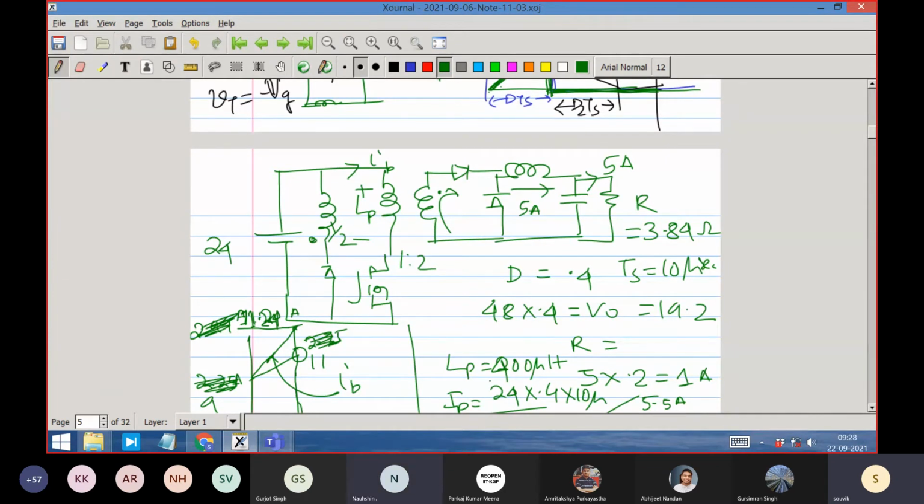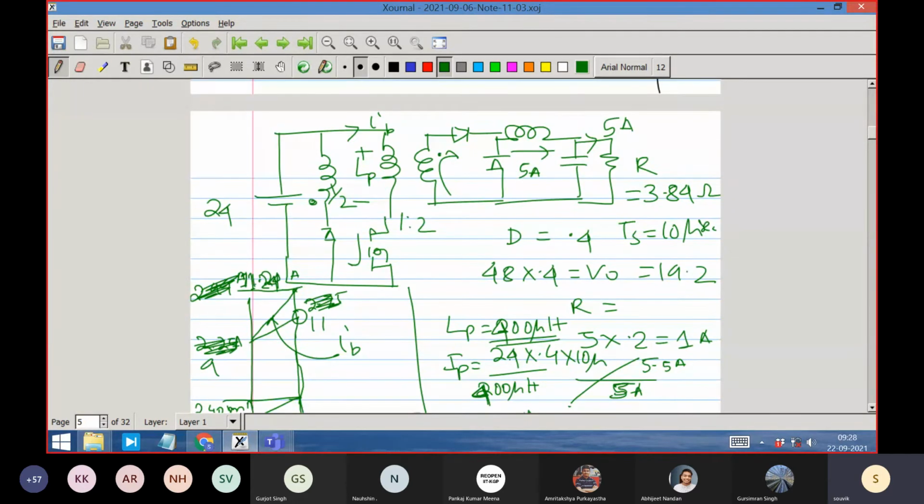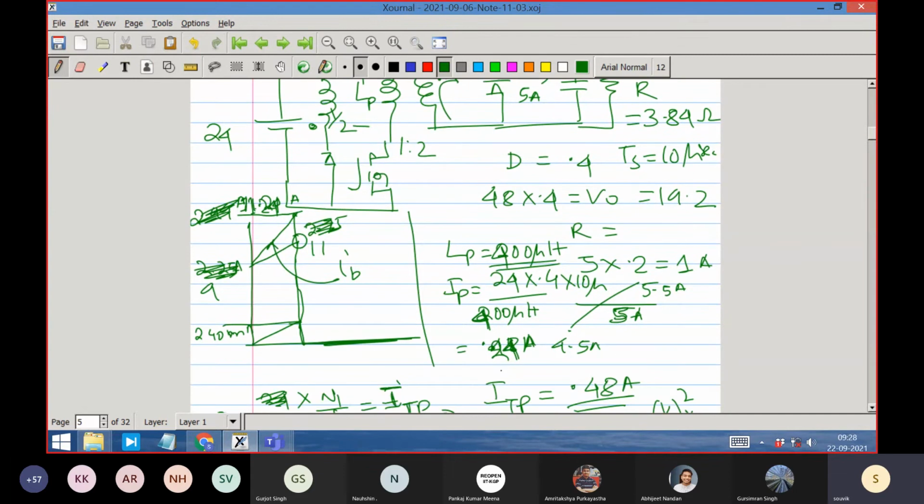Yes, sir. Okay. So 24 is the voltage across it. 400 is the microhenry. Time is 0.4 into 10 microsecond. So that means I have got a current of 0.24 ampere. But when it shifts to the tertiary coil, how will it shift? It will shift with the MMF balance.